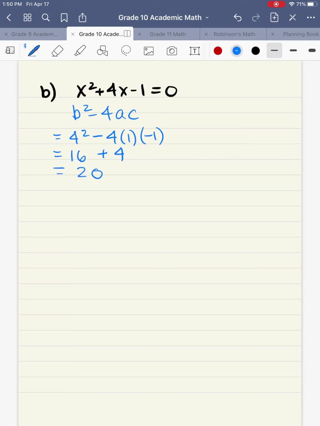This gives us 20. In this case, our discriminant is positive, and this means we have 2 real solutions. Therefore, there are 2 real roots, or you can use the word solutions, because the discriminant is positive.